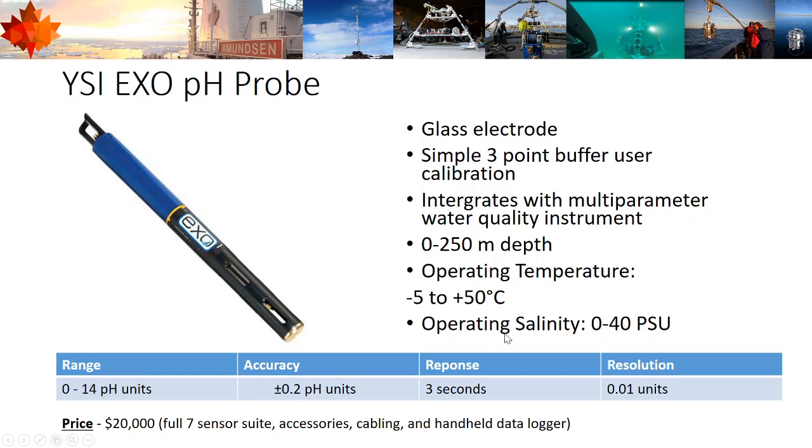But the accuracy is lower compared to some of the other sensors that we're going to touch on. The response time is quite fast, but the important part that makes this unique is that it integrates with a multi-parameter water quality instrument. And the full 7-sensor suite with all the gadgets that you need to make it usable comes in at a relatively low cost.